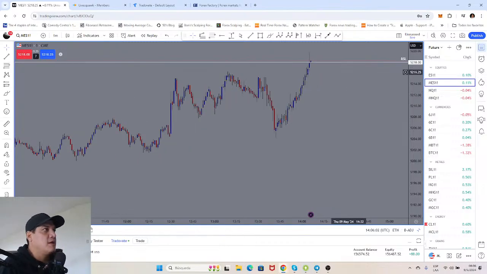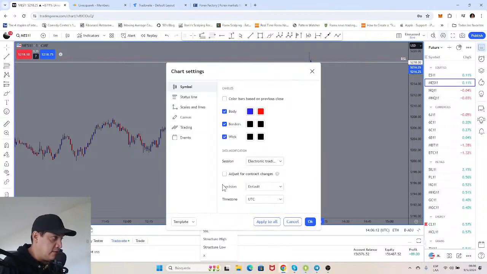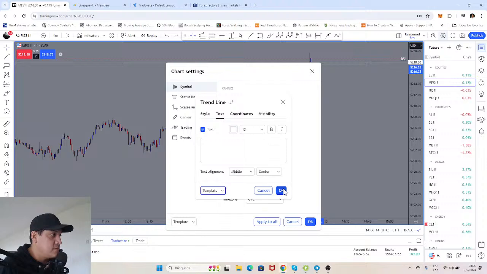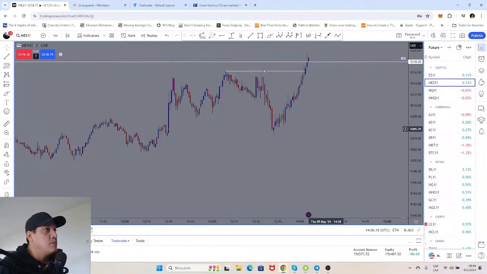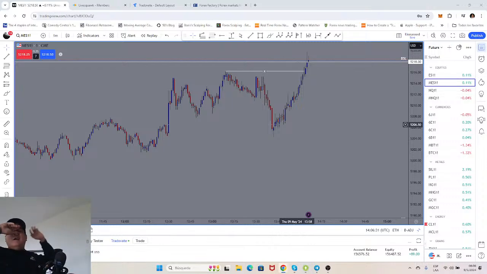I'm not gonna enter short here. That would be insane, right? We need that price structure shift, market structure shift. I'm sorry. Order filled.